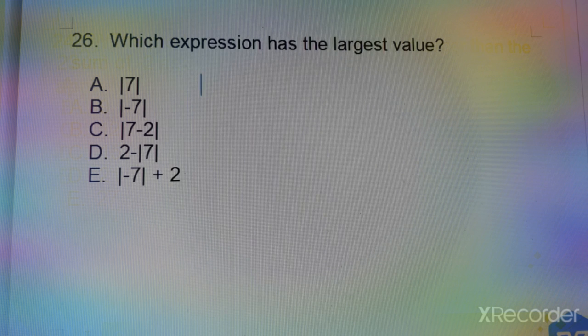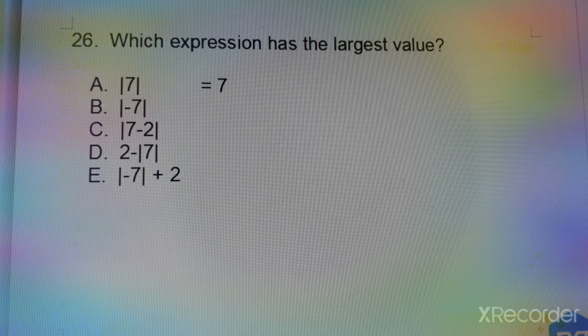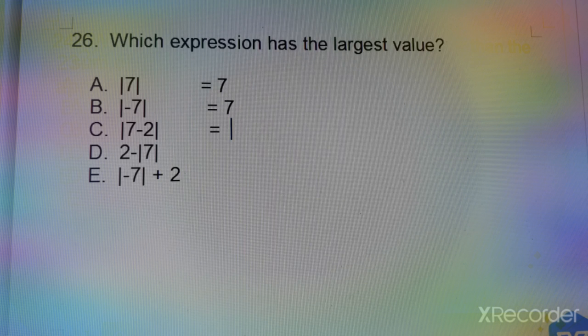Number 26, which expression has the largest value? Okay, our choices. For letter A, the absolute value of 7 is 7. For letter B, the absolute value of negative 7 is 7. For letter C, the absolute value of 7 minus 2 is 5.